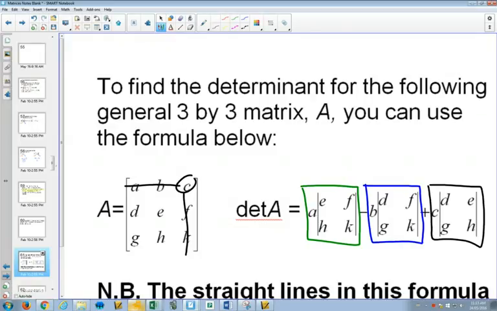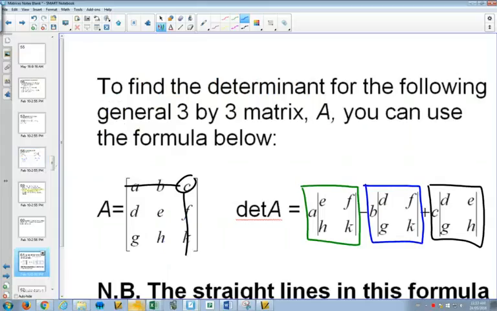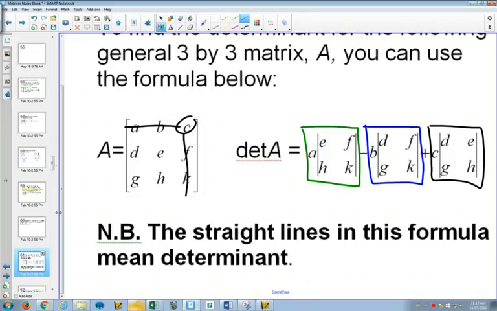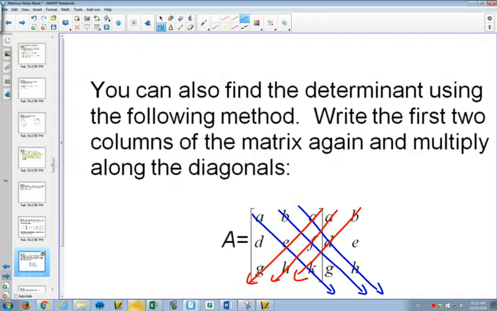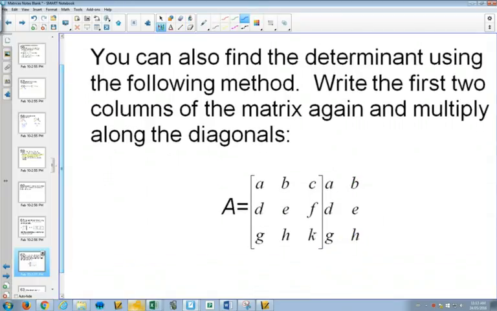Now, for the most part, I find that if I have to remember that formula, it gets complicated. It takes a long way. Just like the straight lines is really easy to remember and figure out, we can do that with the 3 by 3 as well. So what we'll do is take our 3 by 3 matrix and rewrite the first two columns again right there.